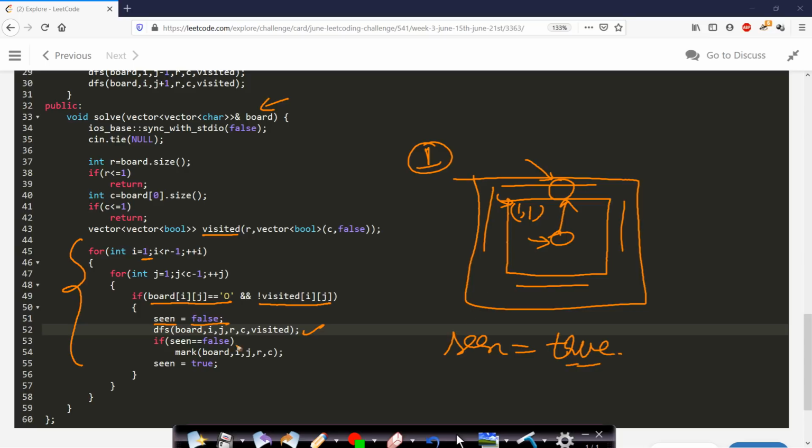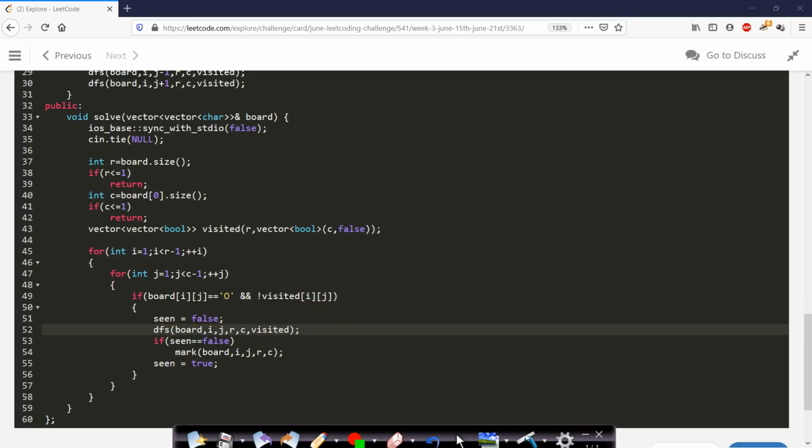If seen is still false, this means that this 0 is not connected to the boundary 0, and so it becomes a candidate for conversion. Therefore, we will call the mark DFS and mark the entire island containing this 0, so all those zeros will be converted to X. I hope you understood this point. After converting the entire island, we will again make the seen variable true, because this is a global variable, and every time we find a suitable candidate 0, we will make it false and explore it.